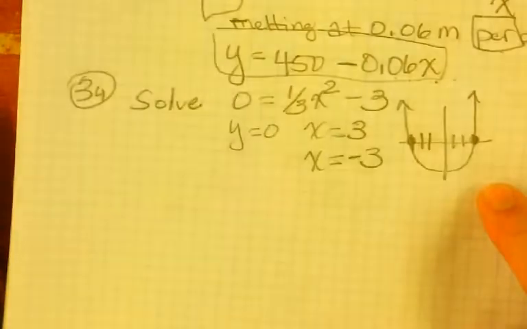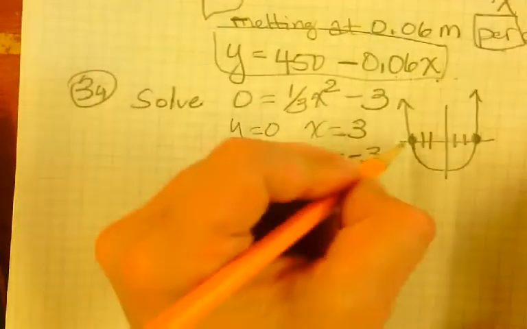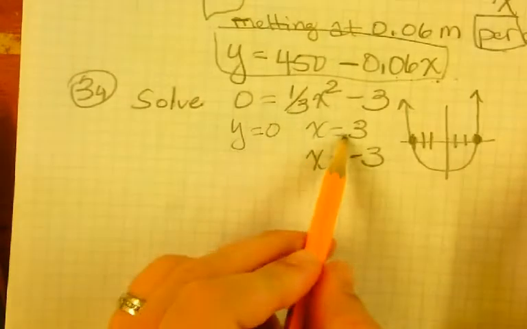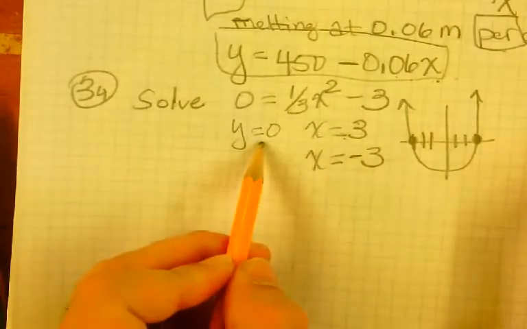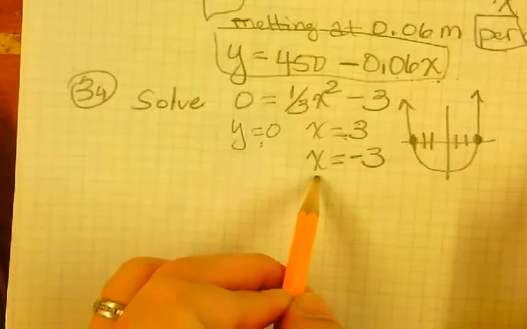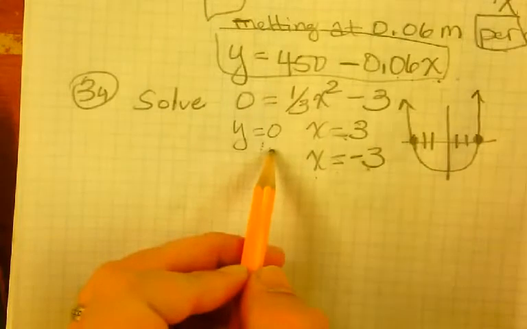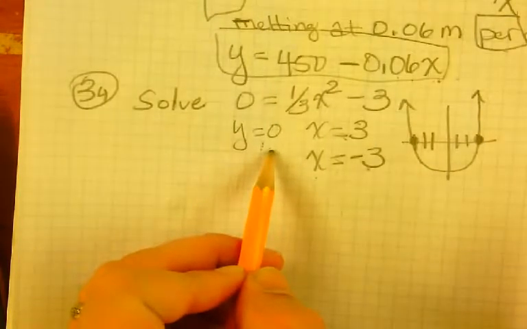Put in your solutions. Porque cuando x igual 3, y igual 0. Donde x igual negativo 3, y igual 0 también. Son dos. Okay?